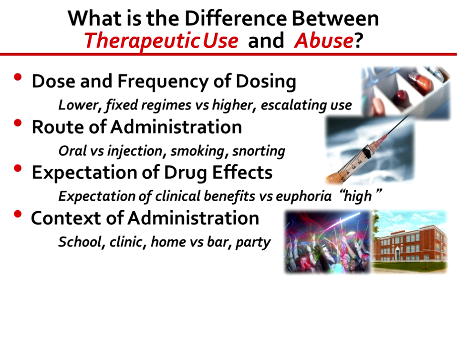Another difference is the expectation of the drug's effect, where psychologically there's an impact of expecting a clinical benefit versus looking for a high and the euphoria that comes along with that. And also the context of administration matters, whether you're taking this in a hospital or at school versus whether you're at a party and you're combining this with alcohol or potentially other drugs of abuse.